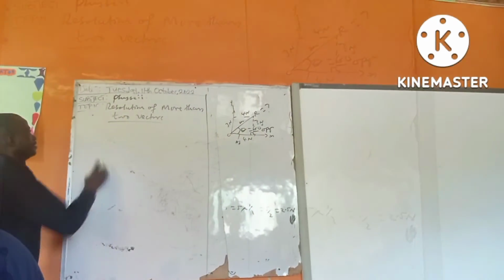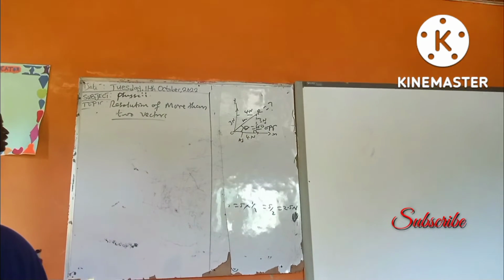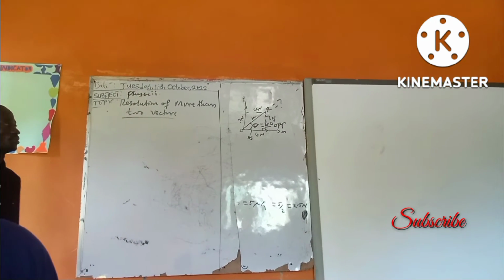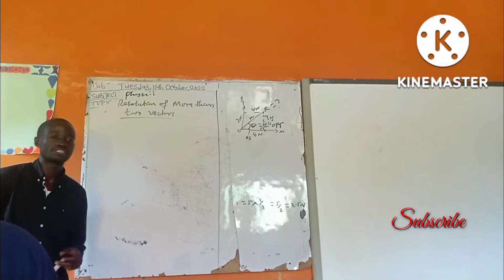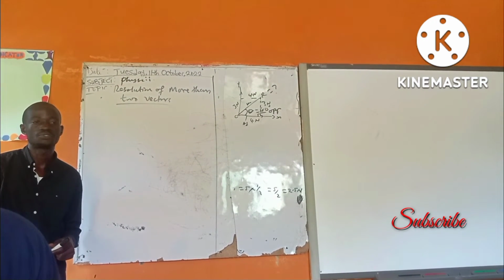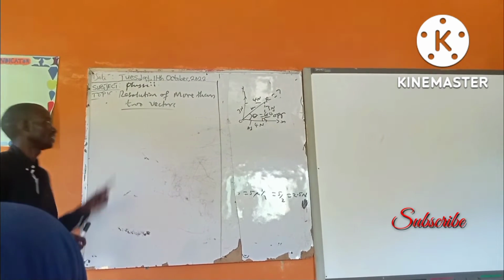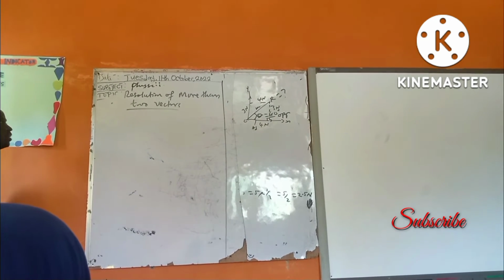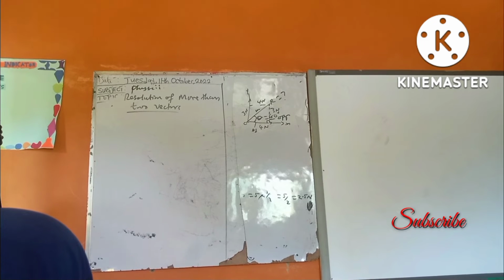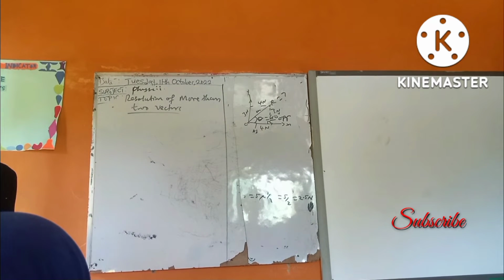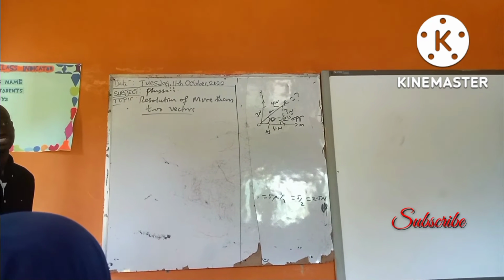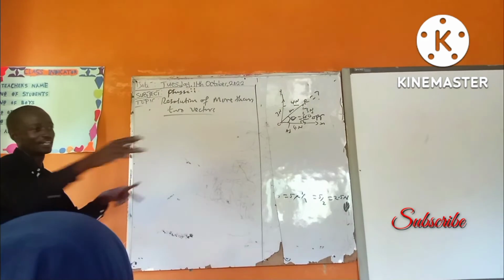Now we're looking at resolution of more than two vectors. In our previous video, we saw how two vectors can be resolved to a vertical component and a horizontal component. In today's video, we're looking at resolution of more than two vectors. That is a situation where we have more than two forces acting in different directions.